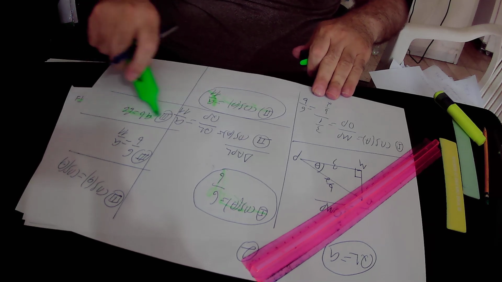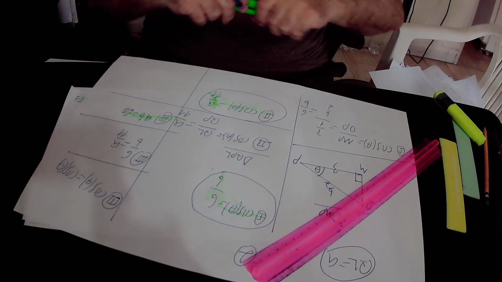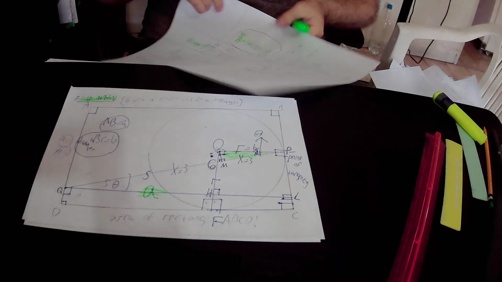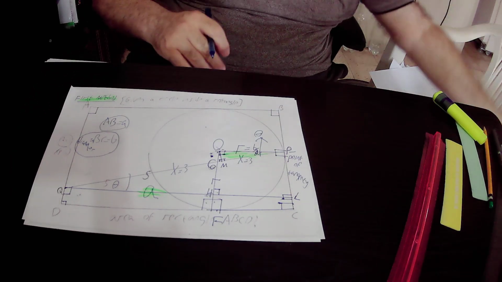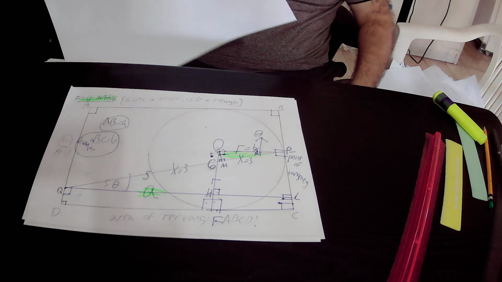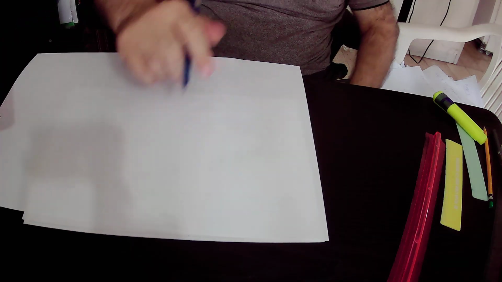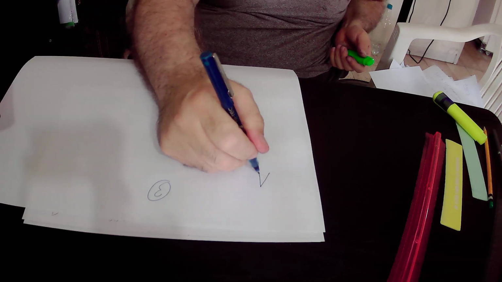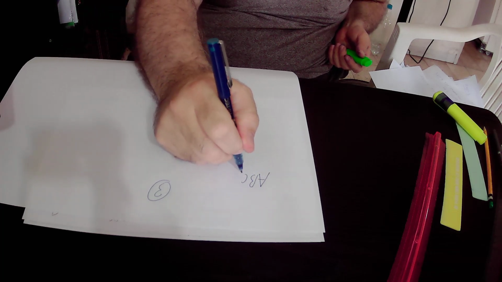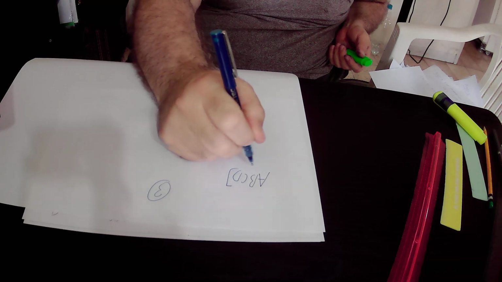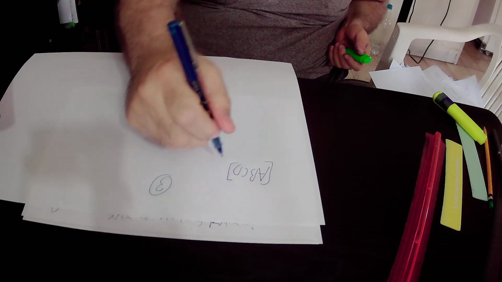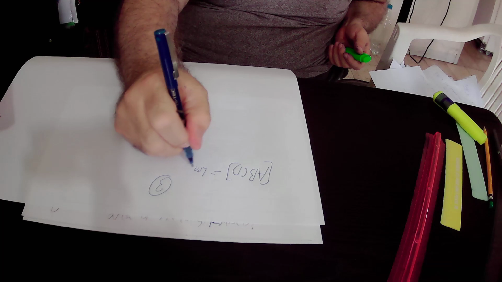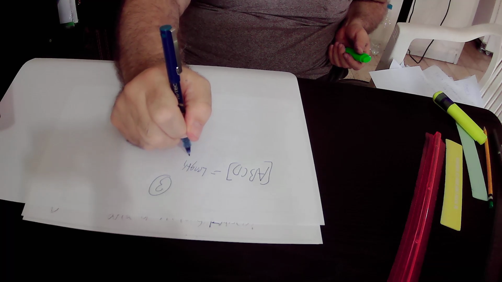And actually, the area that we are looking for, the area of this rectangle ABCD, is given by the formula for the area of any rectangle: the area of any rectangle is equal to the length times the width.